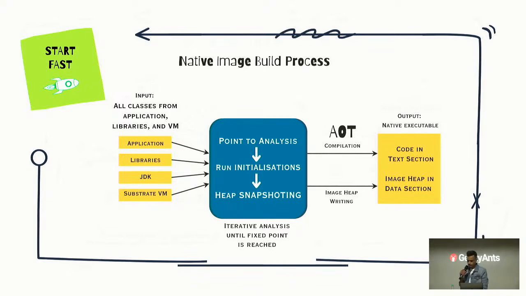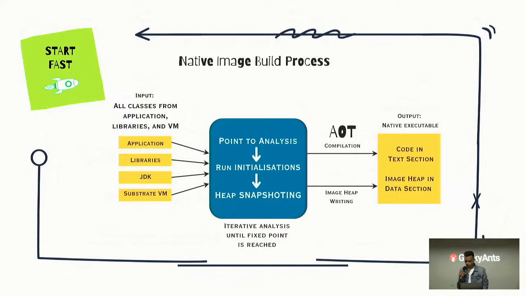First it finds the points to analyze, then it runs all the necessary initializations, then it does one heap snapshotting. You might be wondering what heap snapshotting is. GraalVM takes a snapshot of your heap so that it can predict how much resource will be required for that particular native executable, and it will allocate only that much, so that additional resources will not be wasted at runtime.